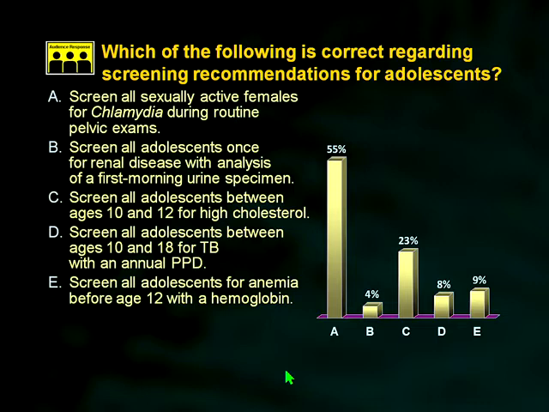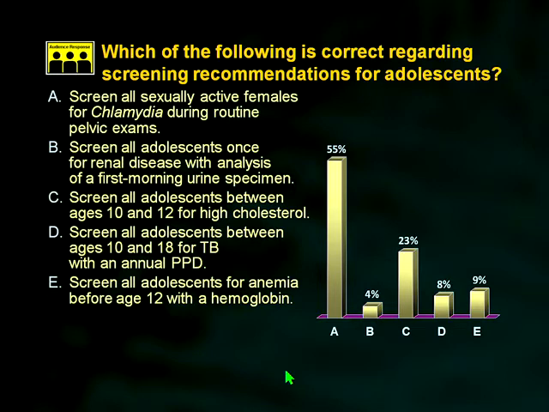So, as I went over this question yesterday, I realized that it could be confusing for a couple of different reasons. So let's talk about that. A is correct. You should screen sexually active females for chlamydia during routine pelvic exams. But C is going to be discussed during the cardiology session, so we don't need to worry about that.